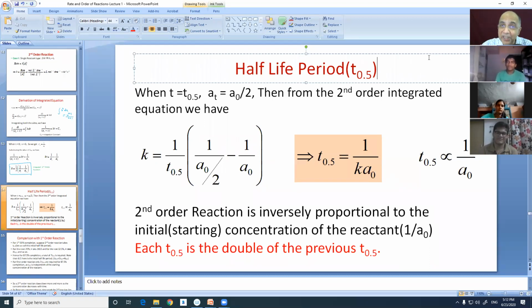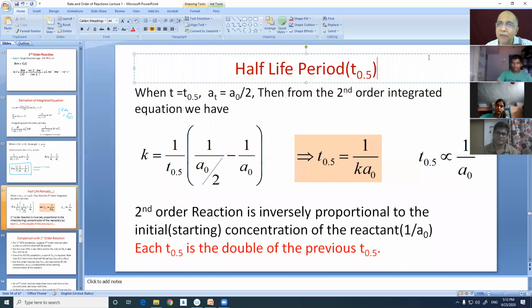But from 50 to 25, that means 75 gone, 25 remaining. Tell me if the initial half-life period is t.5. Remember, in second order kinetics, if somebody gives you the half-life period, he is talking about the initial half-life period.